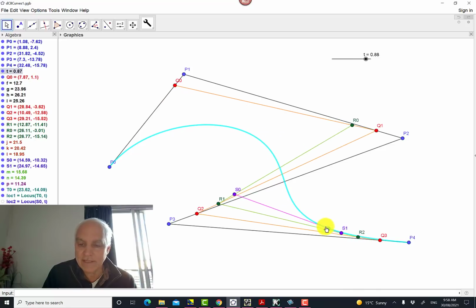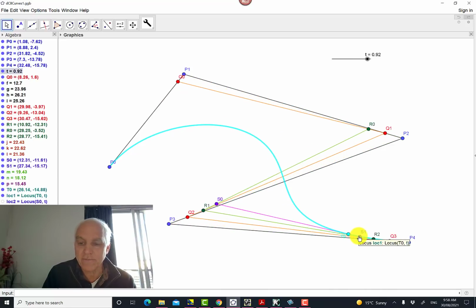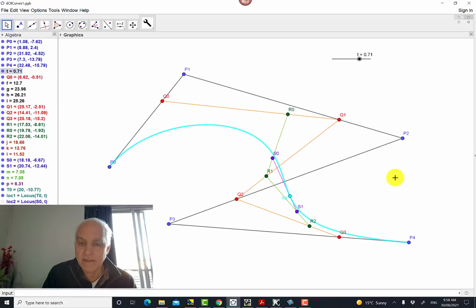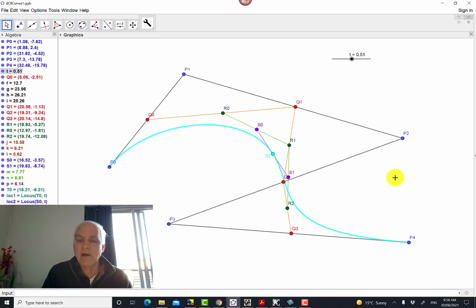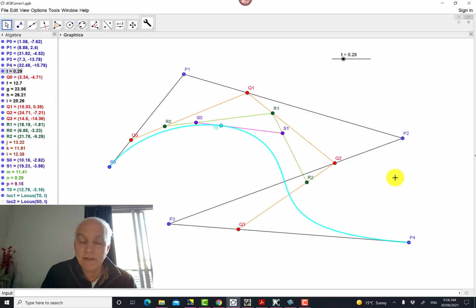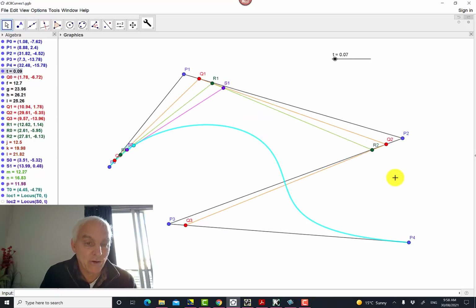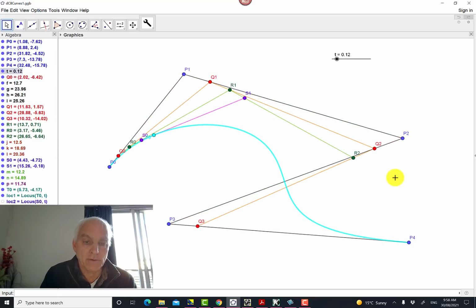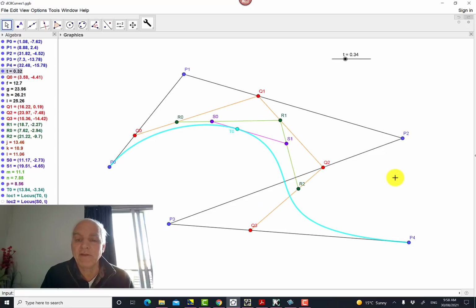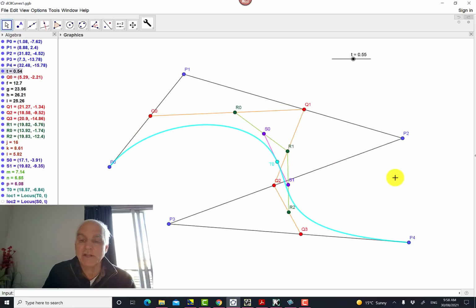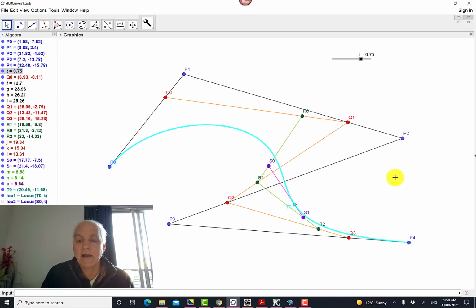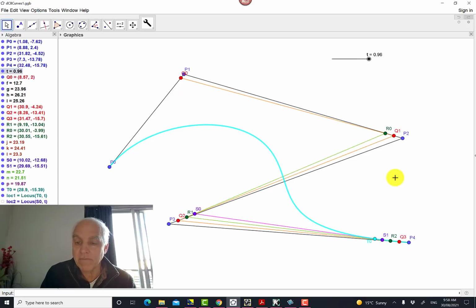You can see that's the point that's generating the curve. That's a de Castelnau-Bezier curve, sometimes in the literature called Bezier curves, but we are going to call them de Castelnau-Bezier curves because Paul de Castelnau had just as much of a role in their development as did Pierre Bezier.